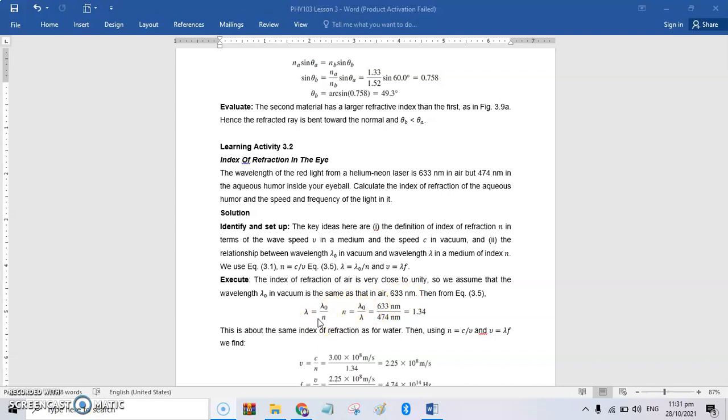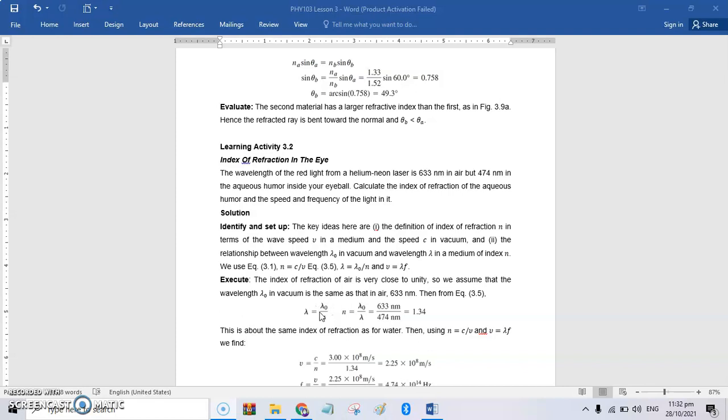Kasi nga, index of refraction from this equation 3.5, since air in a vacuum has an index of refraction of 1, so kapag 1 ito, and then ito is 633 nanometers, so the wavelength in the vacuum is the same as the wavelength in the air.